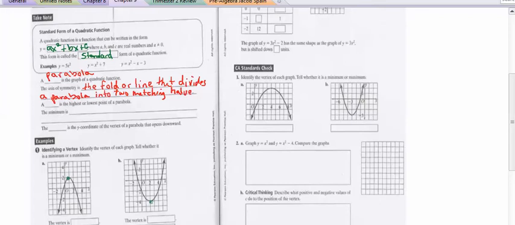Okay, and I'll read it again for you because I know my writing's pretty bad. The axis of symmetry is the fold or line that divides a parabola into 2 matching halves.